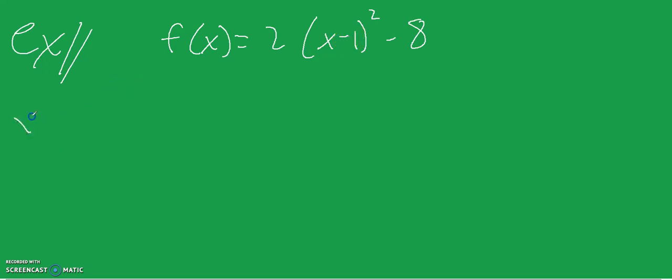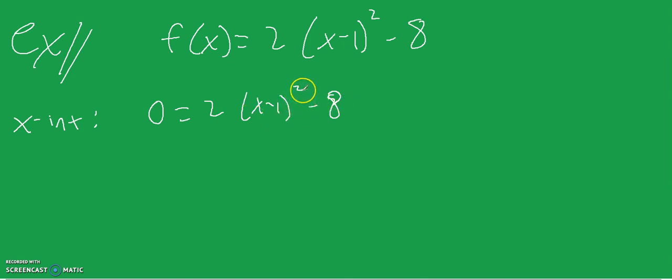We want to find the x-intercept, so I set f of x equal to 0. So I have 0 equals 2 times x minus 1 squared minus 8. This is slightly different from the last example because I can't just factor this. This isn't in ax squared plus bx plus c form. This is in standard form.